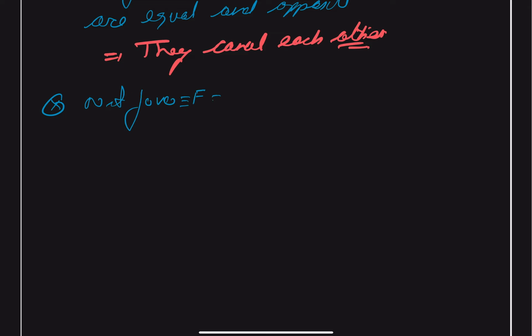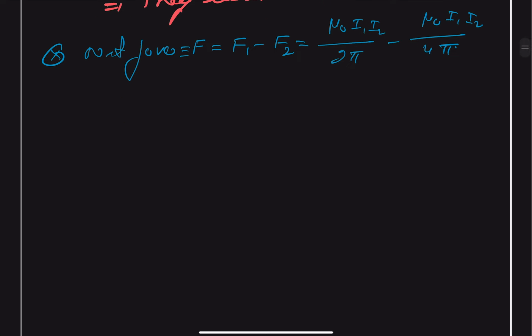So we can say the net force, that is F, will be equal to F1 minus F2. To substitute the value, we get mu naught I1 I2 upon 2 pi minus mu naught I1 I2 upon 4 pi. And this gives us that our F net will be equal to mu naught I1 I2, and the LCM will be 4 pi.